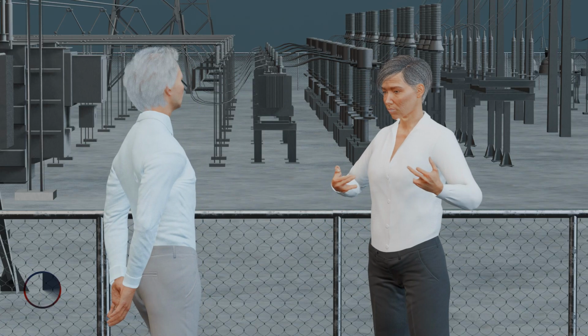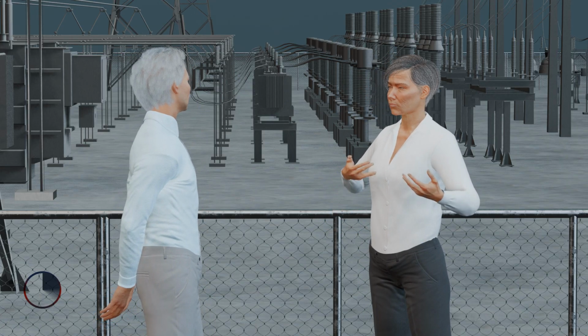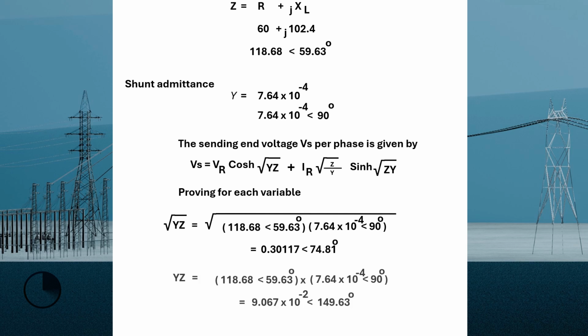Impedance multiplied by admittance can be calculated too. That is 118.68 at an angle of 59.63 degrees multiplied by 7.64 times 10 raised to power minus 4 at an angle of 90 degrees. This is equal to 9.067 times 10 raised to power minus 2 at an angle of 149.63 degrees.